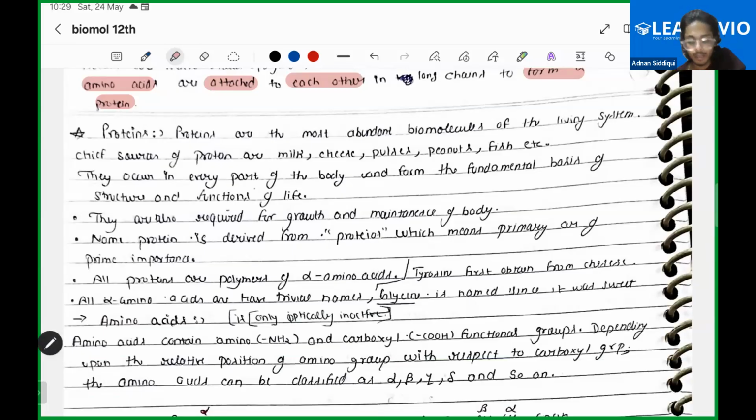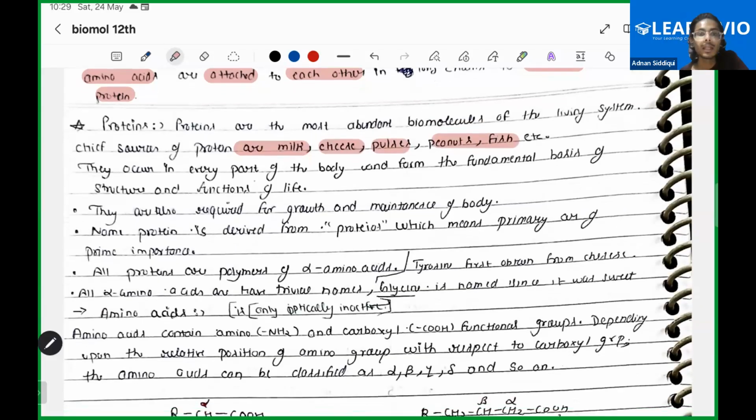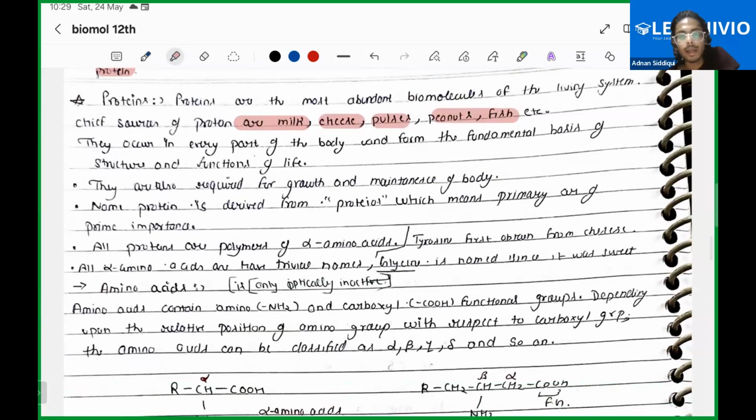Proteins are the most abundant biomolecules in the living system. The chief sources of protein are milk, cheese, pulses, peanuts, etc. Right? Protein you can get it from here. They occur in every part of the body and form the fundamental basis of structure and function of life. Right? These are basics.